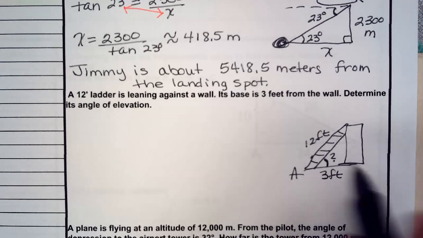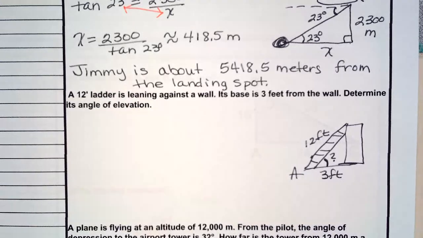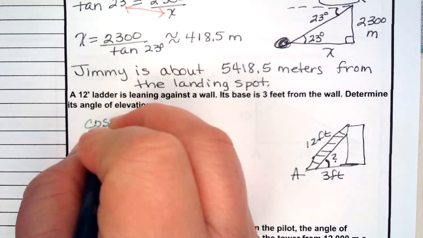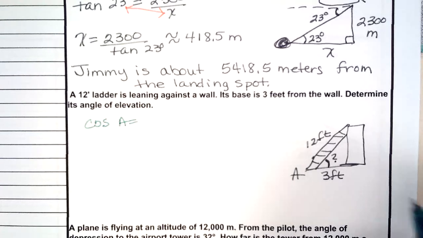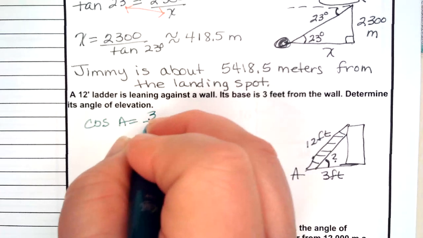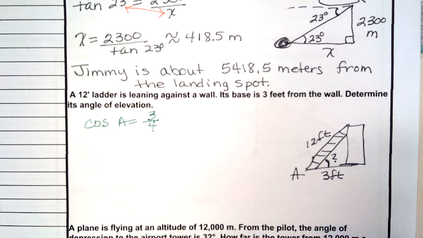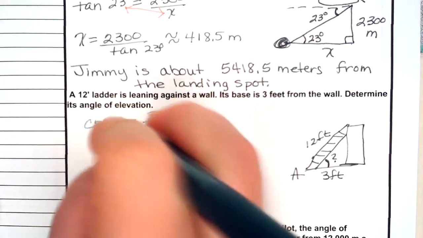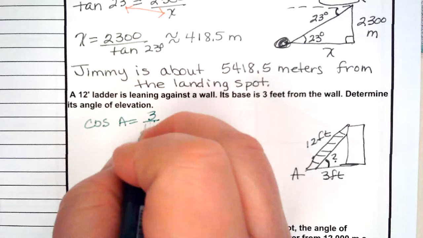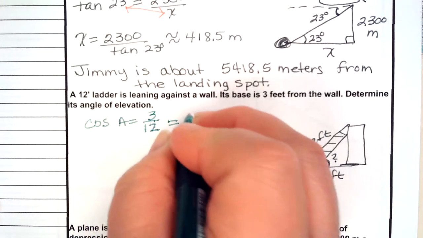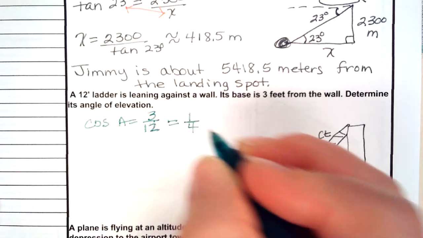So the cosine of A is equal to 3 over 12, which is equal to 1 over 4 when you simplify.